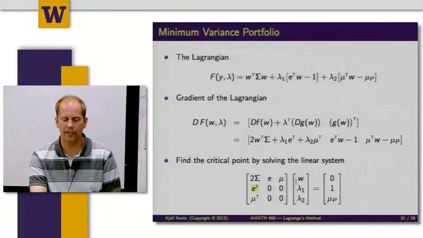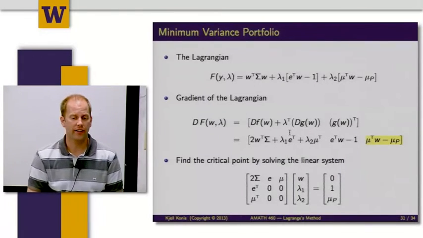So here I have E transpose times W plus 0 times lambda 1 plus 0 times lambda 2 equals 1. So that gets me this constraint here. And then mu transpose times W plus 0 times lambda 1 plus 0 times lambda 2 equals mu p. So that gets me this constraint here.